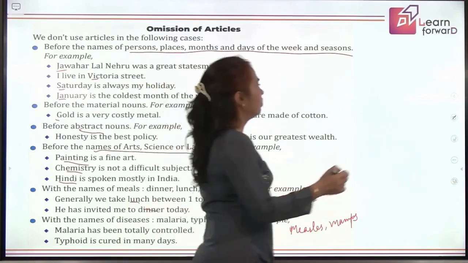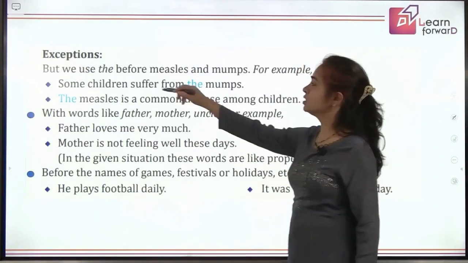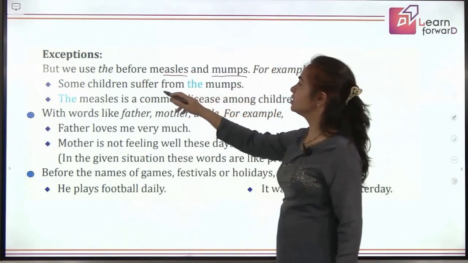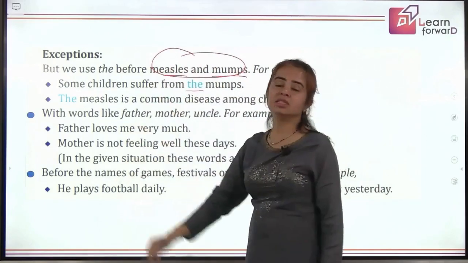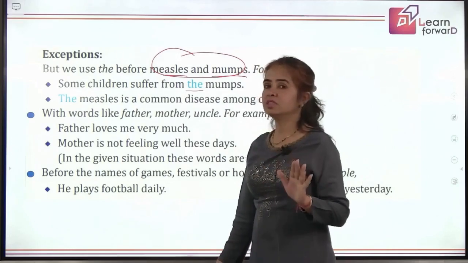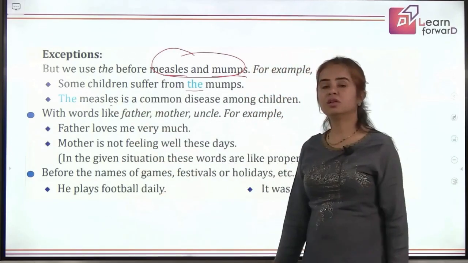We'll read about them also ahead, I believe. Yes, exceptions are there, but we use the before measles and mumps. For example, some children suffer from the mumps. So you just have to remember these two diseases before which we use the article the. Otherwise, with the names of diseases, we do not use the. The measles is a common disease among children, right?